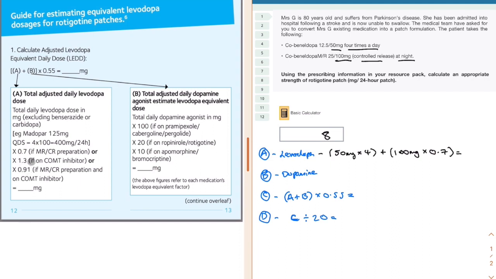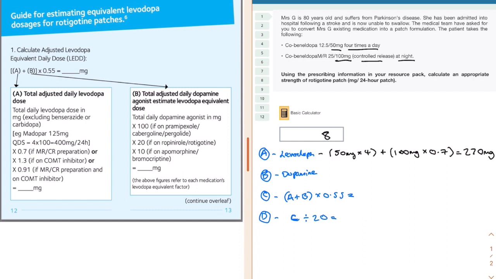So in this situation, all we're going to do is multiply the prolonged release preparation amount of levodopa by 0.7. If you put this in on your calculator, 50 milligrams times 4 is 200 milligrams. So you're going to do 200 plus 100 times 0.7. That gives you an answer of 270 milligrams.